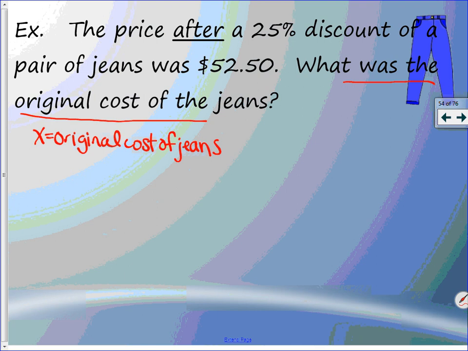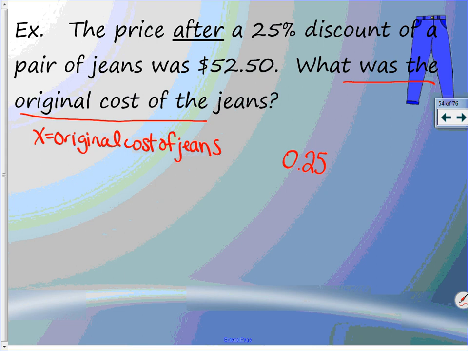How do you calculate a 25% discount if the original price is X dollars? Davian? Okay, so what would that look like? 0.25 times 52.5.